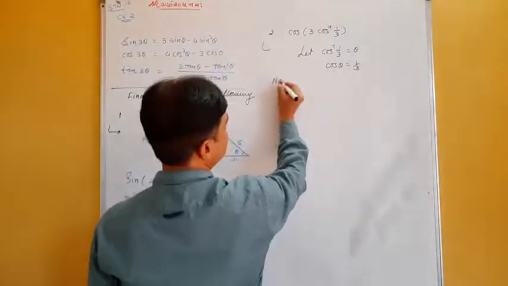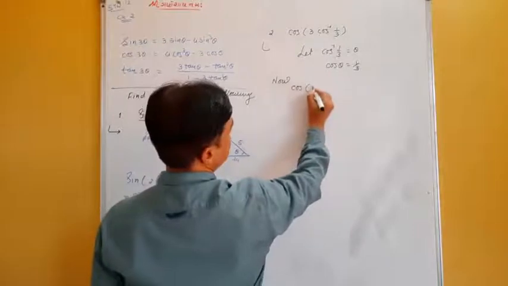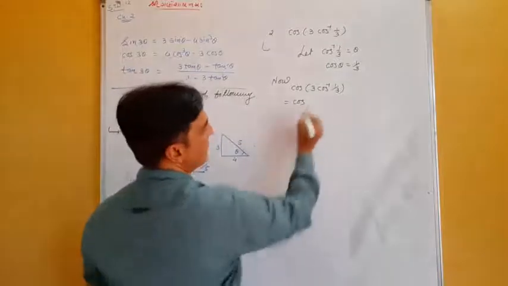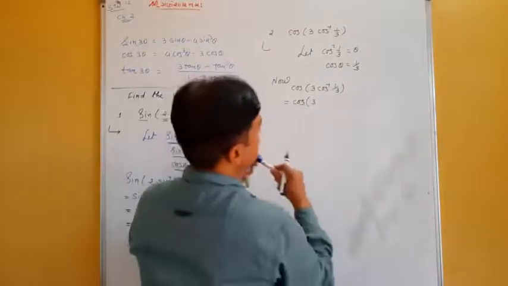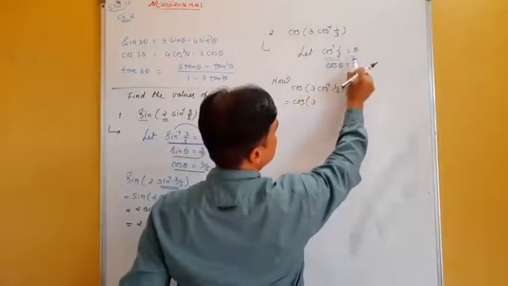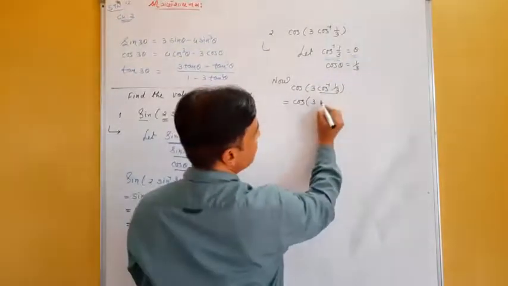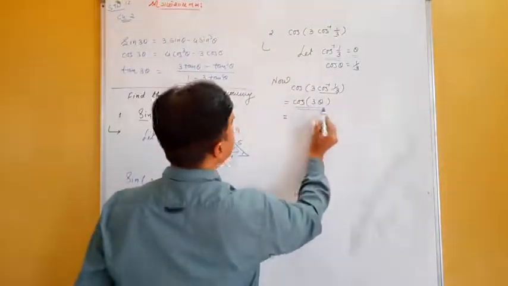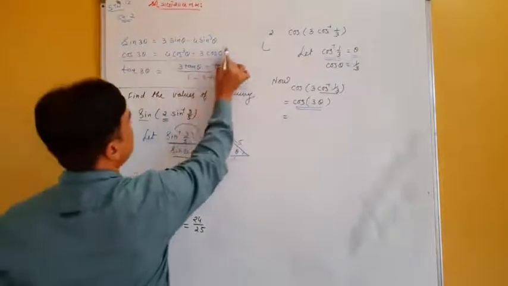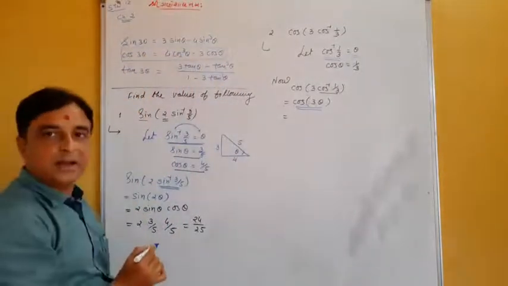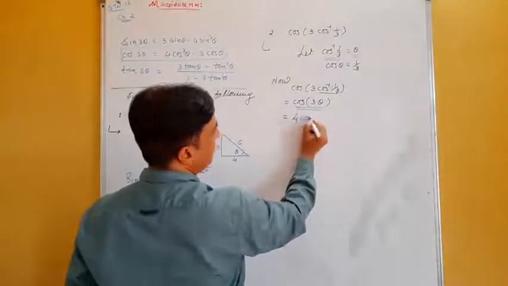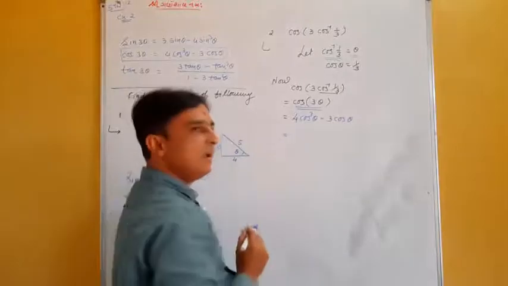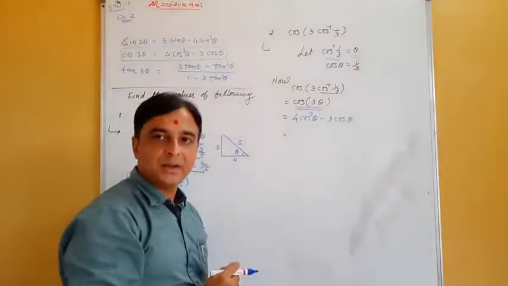And now cos 3 cos inverse 1 by 3, and cos inverse 1 by 3 equal to theta, that means this is cos 3 theta. Use this formula: 4 cos cube theta minus 3 cos theta.